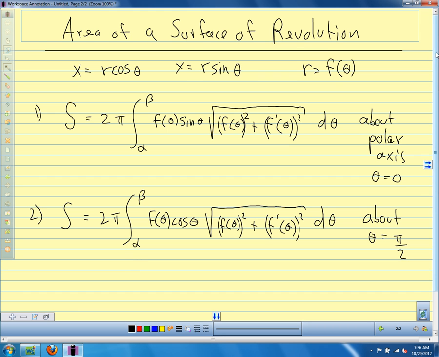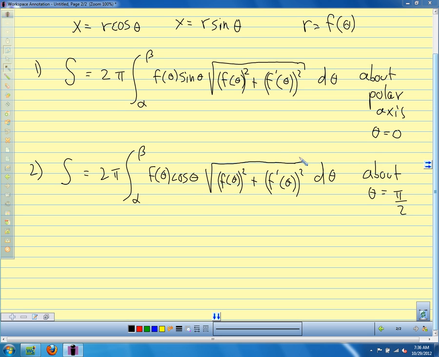Let me give you a couple of hints when we're finding these arc lengths. Occasionally you'll have an expression where our equation is written in terms of r squared, where r squared is some function of theta.